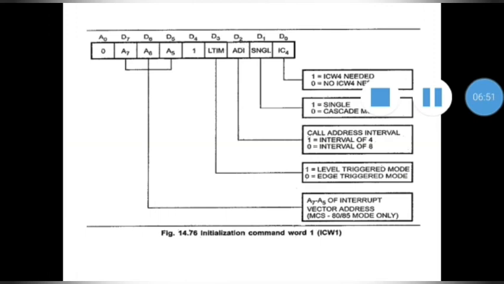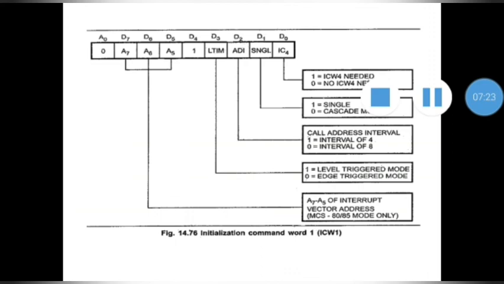Next bit, that is D4. This bit is already initialized, a predefined bit. It is set to 1, and it indicates that you are using initialization control word 1. Now the last 3 bits, D5, D6 and D7, are used as the interrupt vector address.